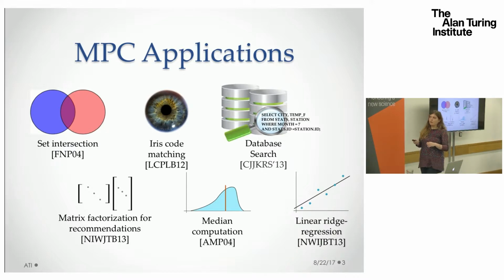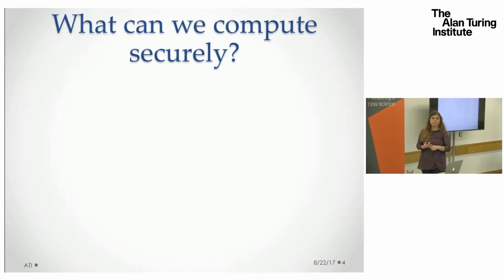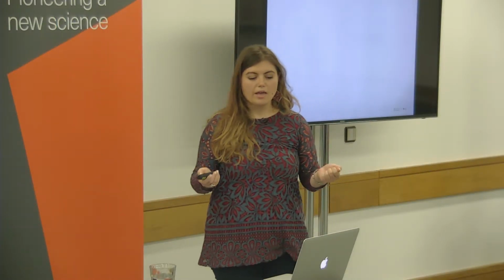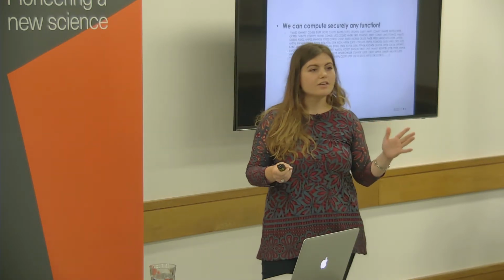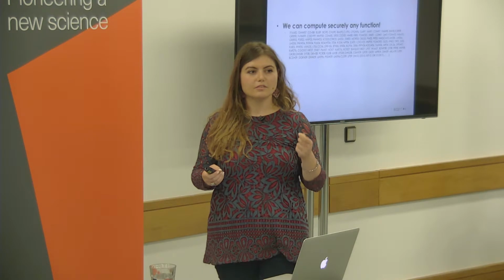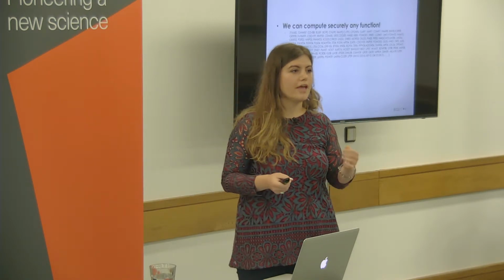So now that we have defined the goal of secure computation, the next question is whether we can achieve this. If we want to summarize the work of the last more than 30 years, the way to summarize it is that we know how to compute securely any function.